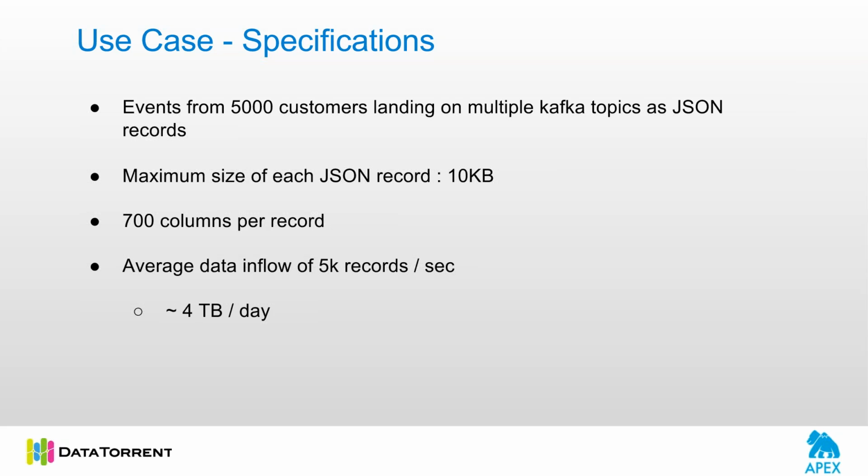The maximum size of each record was 10 KB. Each record had 700 columns, and the average data inflow was 5,000 records per second, which approximates to 4 TB of data per day.